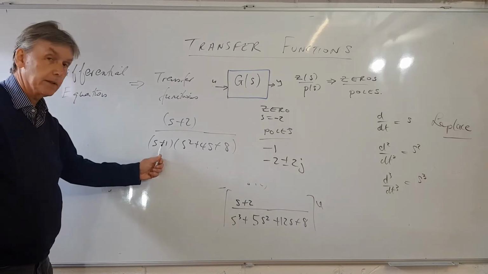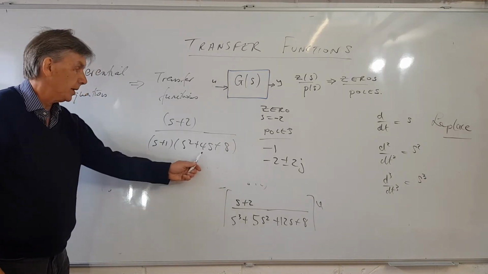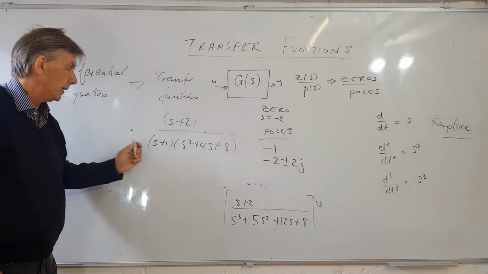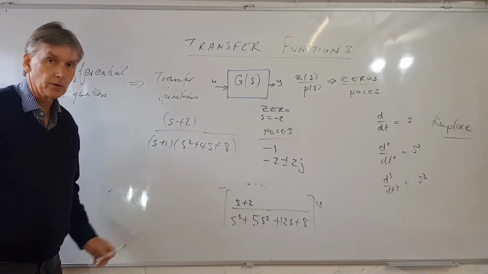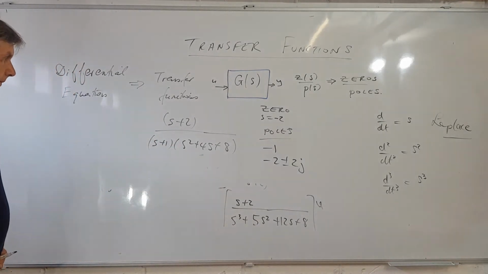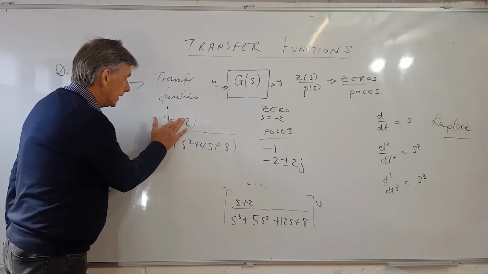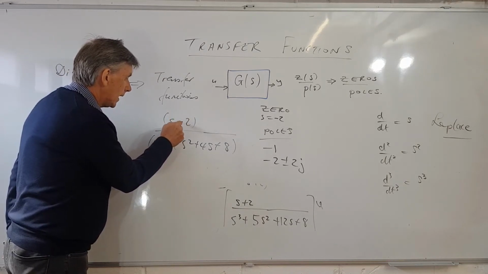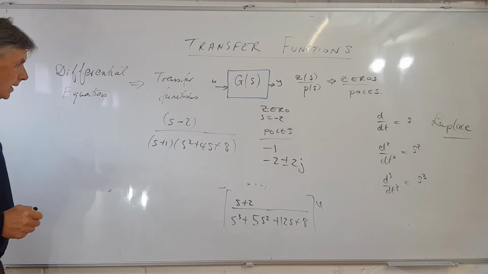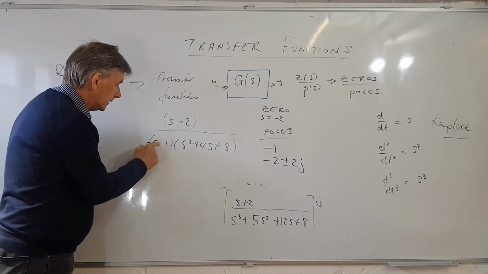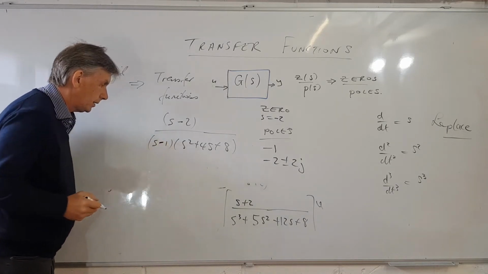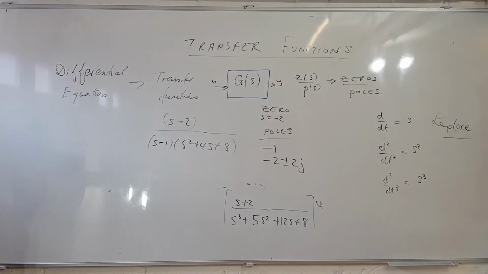We can only get two types of pole, a first order pole or a second order pole, and so we'll be looking at first order poles and second order poles in separate lectures. The other thing that could occur is if we got a negative sign here, that can influence the transfer function, and if we've got a negative sign, say there, that could also change the response of the system in terms of its dynamic behaviour.